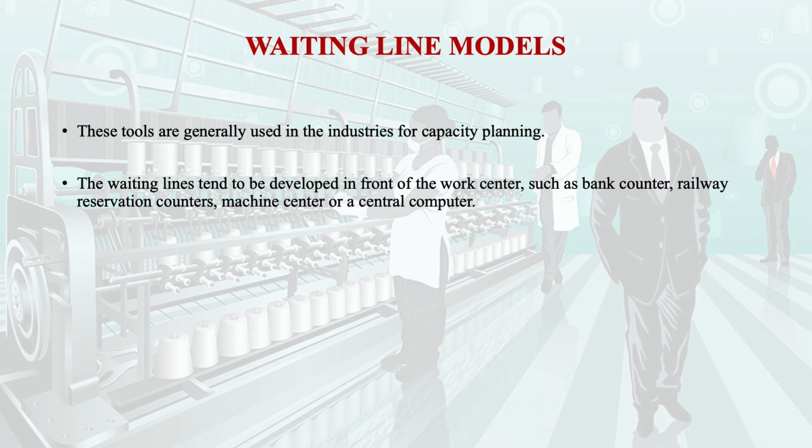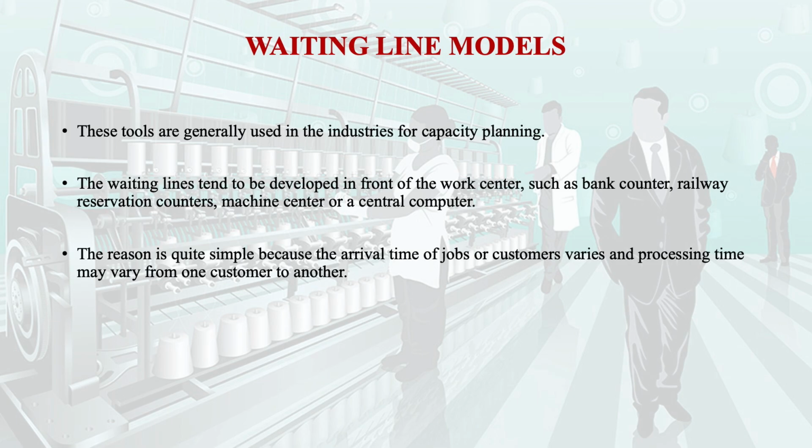The waiting line tends to develop in front of a work center, such as a bank counter, railway reservation counter, machine center, or a central computer. The reason is quite simple: the arrival time of the job or the customer varies, and the processing time will also vary from one customer to another. So in the waiting line model, we consider the arrival time and the processing time.